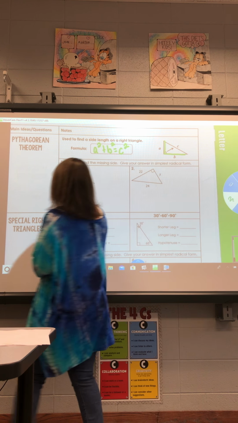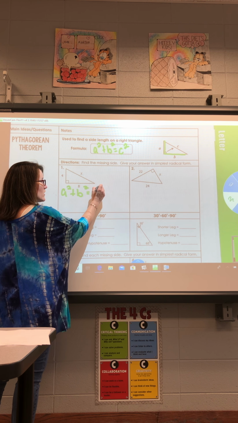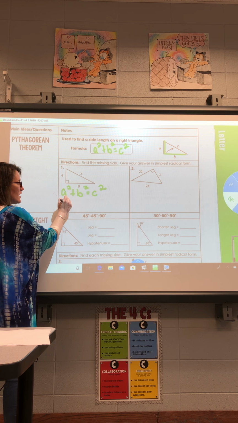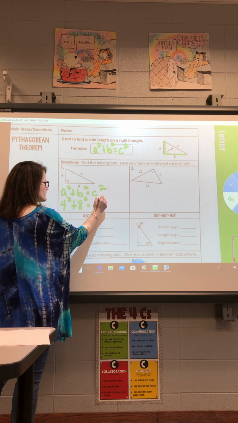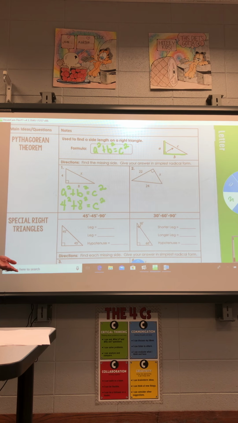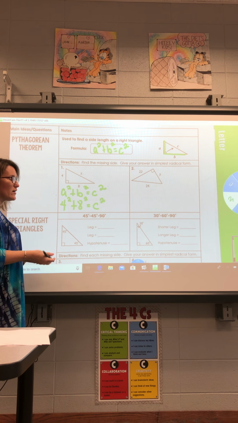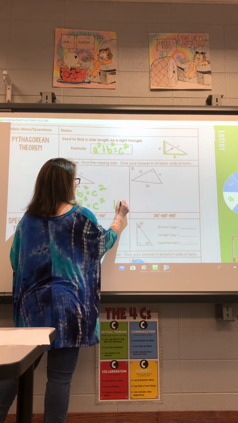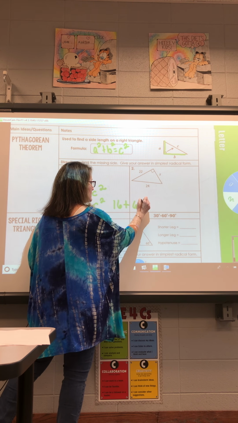So when we're plugging into this, we're going to write down our formula. A squared plus b squared is equal to c squared, and we're going to plug in a and b. And then from there, we'll just work everything out. We know that a squared, or 4 squared, is 16. B squared, or 8 squared, is 64.